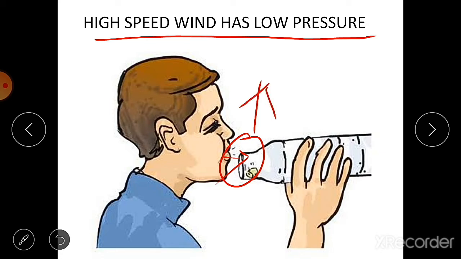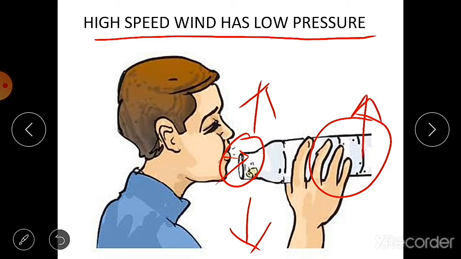Opposite to this, inside the bottle the pressure is high and the speed of wind is low. So the air pressure inside the bottle becomes higher in comparison to the pressure near the mouth, and this pushes the paper ball out.